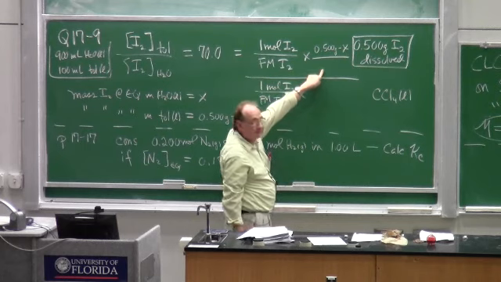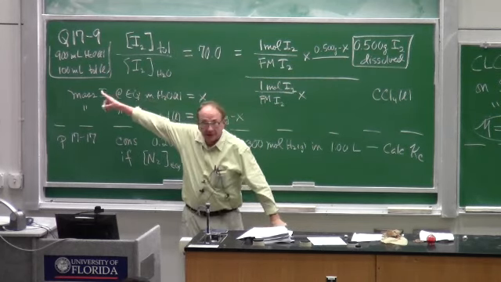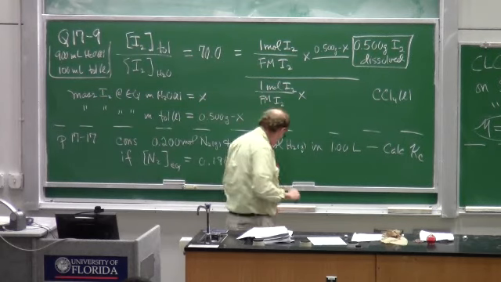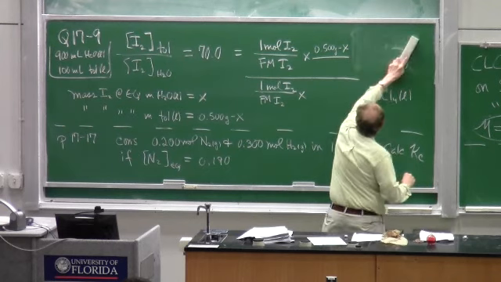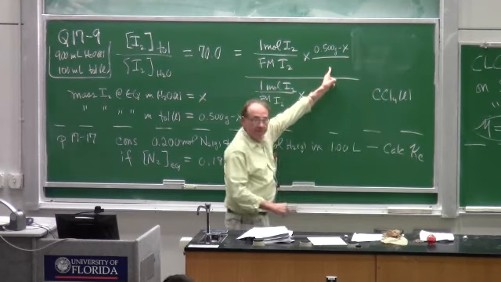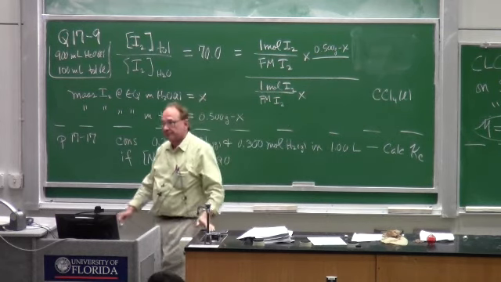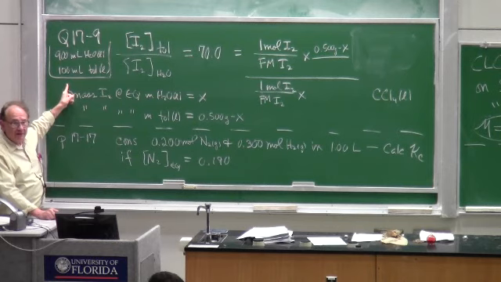What do I write here? Remember, this is the system I'm considering. Let's get this out of the way. What do I put here? For this system, what is the volume of toluene phase?